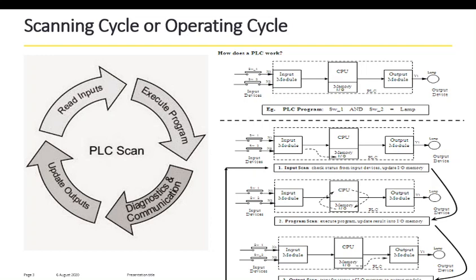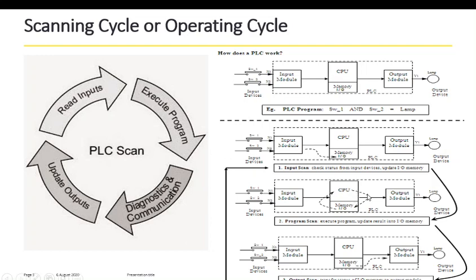The third stage is diagnosis and communication. Once the CPU performs execution of the program, the CPU will perform internal diagnosis and communication work. In this process, the output is carried to the temporary memory of the output, which is used to send directly to the output card.